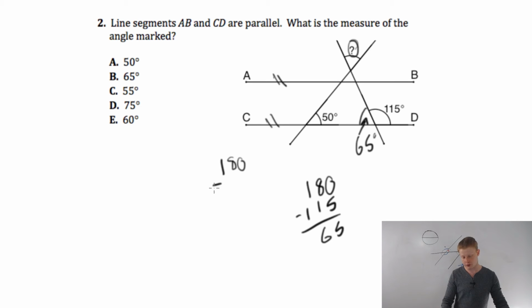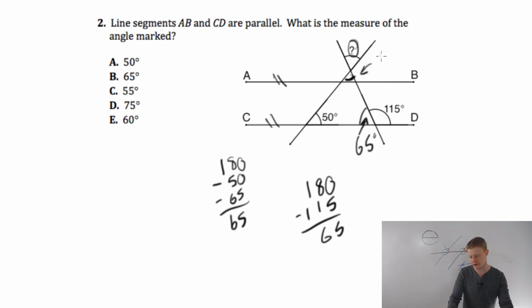So again, it's going to be 180 minus 50 minus 65. And it's actually going to turn out the same: 50 plus 65 is 115, so it'll be 65 again. And this top angle is 65, which means the angle in question, through the vertical angles, is also 65, and our answer is 65.